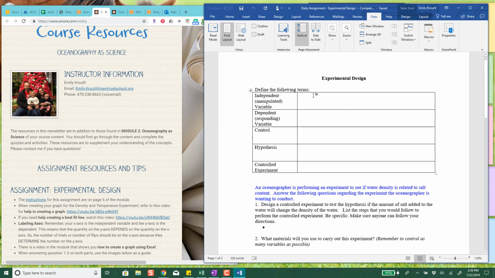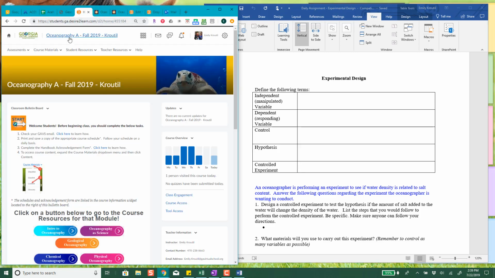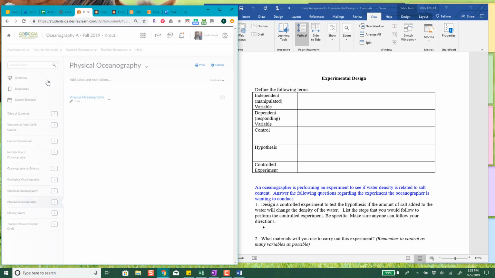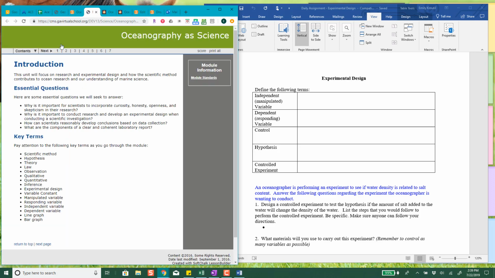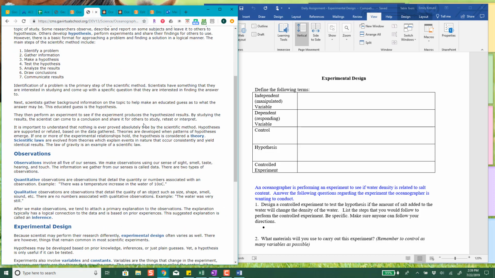So for this, we want a definition of something, right? So to do that, I'm going to go to my course, and I'm going to click on content, and I'm going to choose Oceanography as Science, and I'm going to click on that. Okay, so here you can see this module has some definitions of our key terms and things like that.